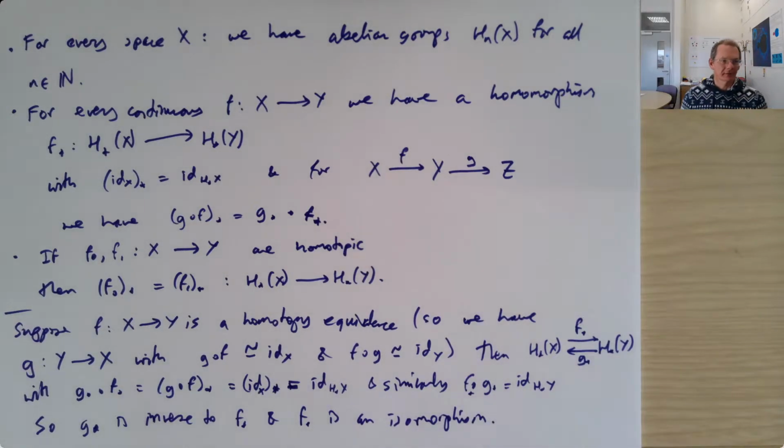So this proves that if you've got homotopy equivalent spaces, then they have isomorphic homology.